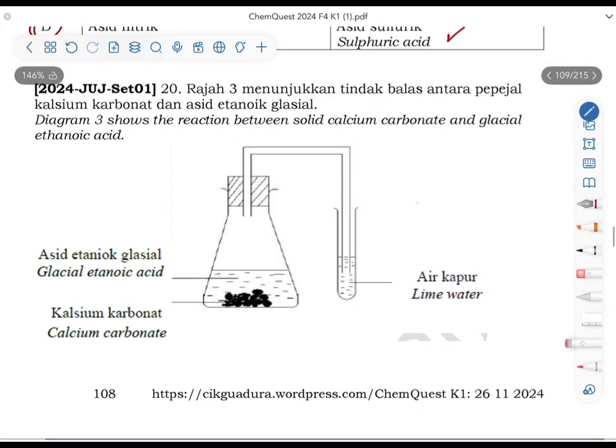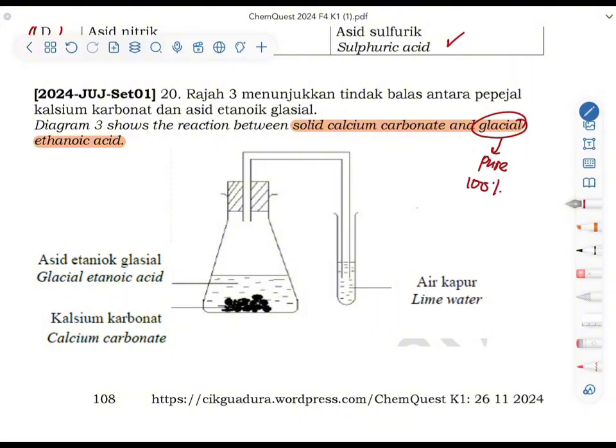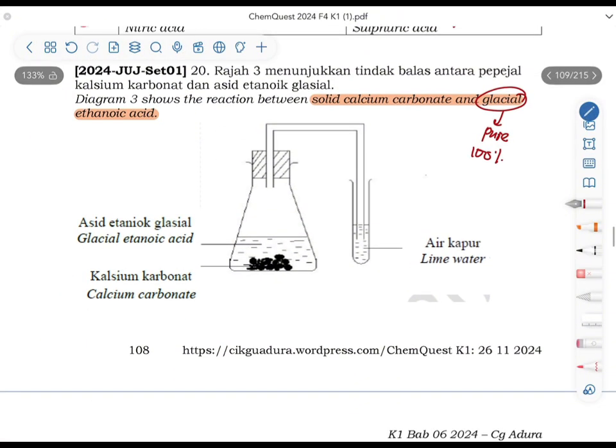Okay, next question. Diagram 3 shows the reaction between solid calcium carbonate and glacial ethanoic acid. Glacial actually means it is pure, meaning this is 100% ethanoic acid. This is the setup for the reaction between the calcium carbonate and the glacial ethanoic acid, and we have this lime water.